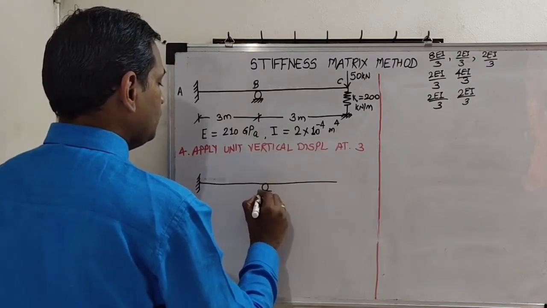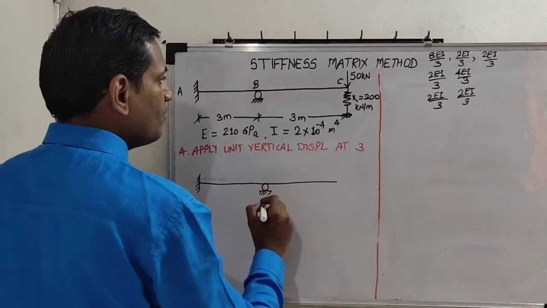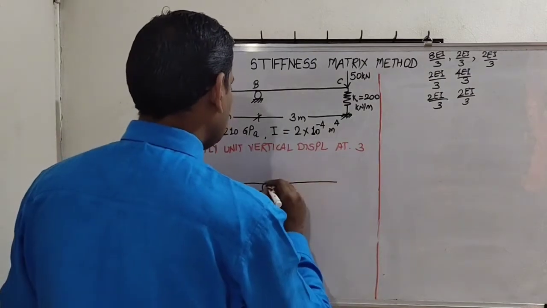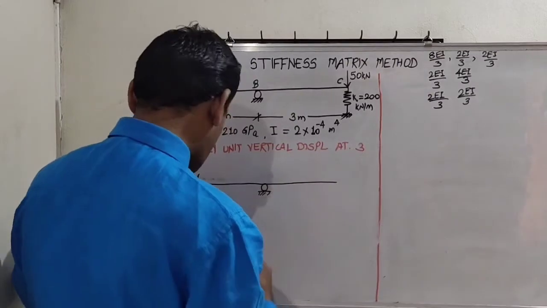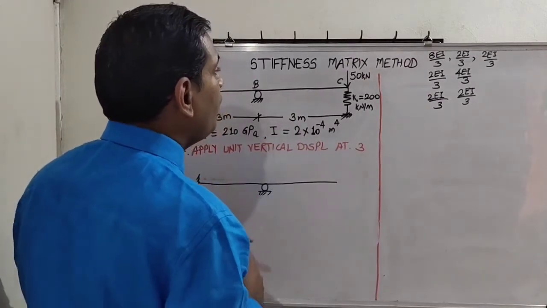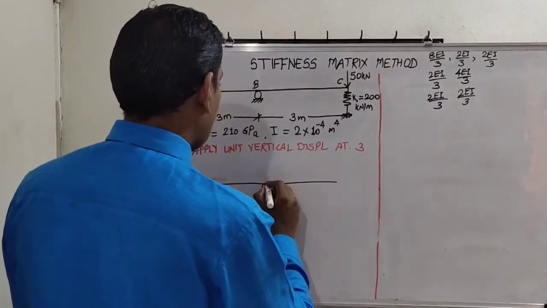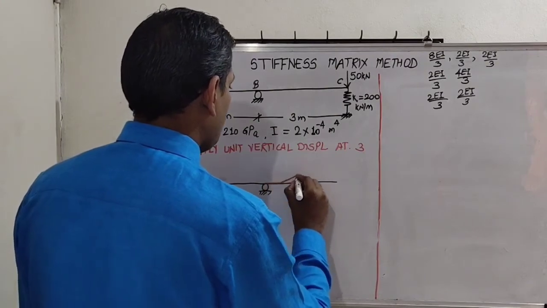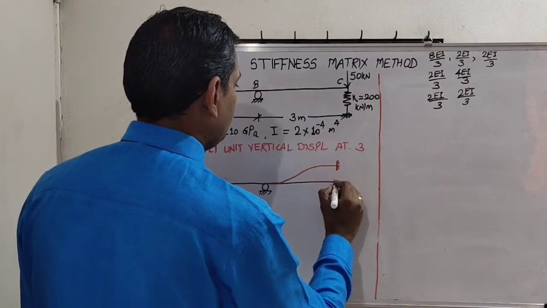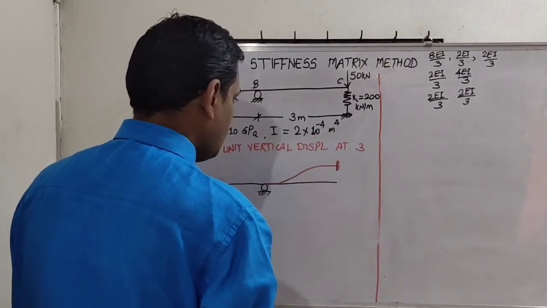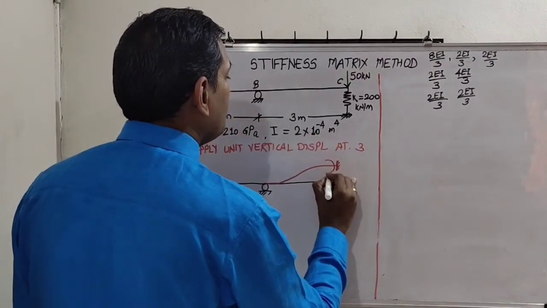So if you allow this joint to go up by unit value, it will be nothing but upward sinking of the support or upward swing. Okay. So what will be the value here?